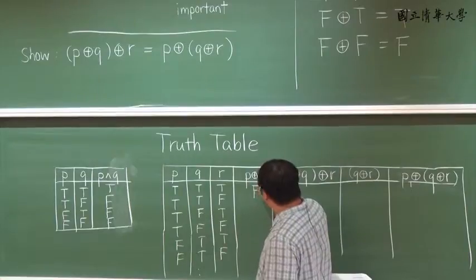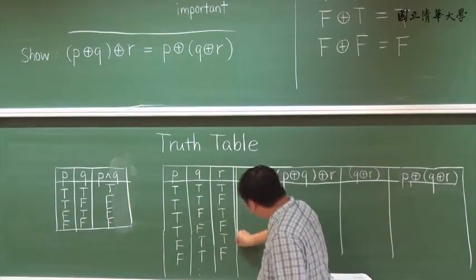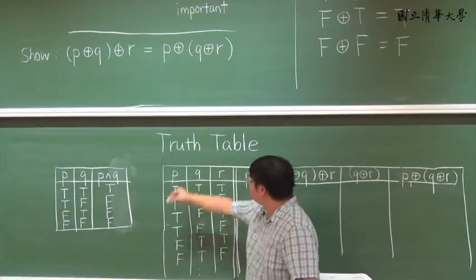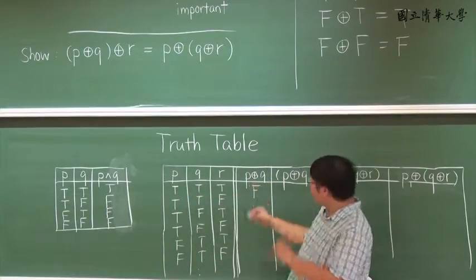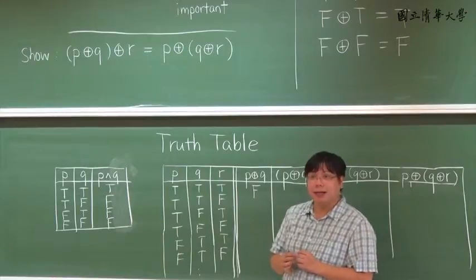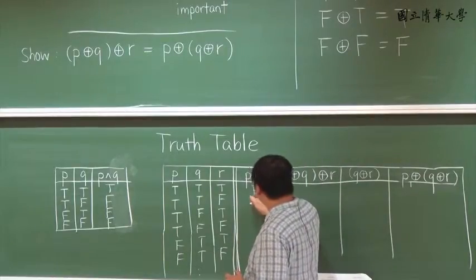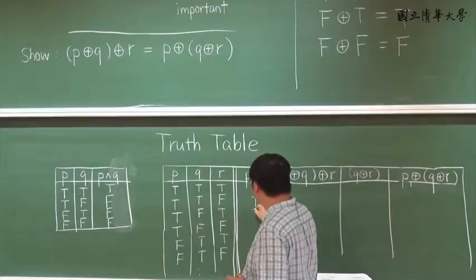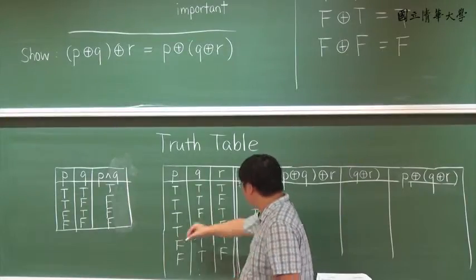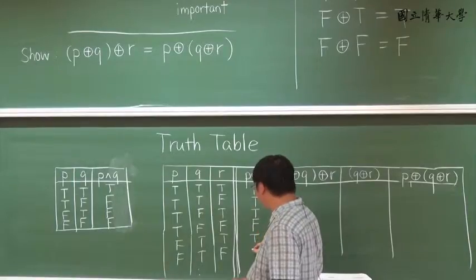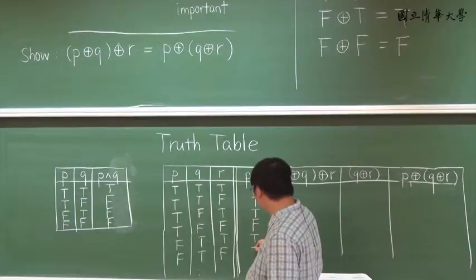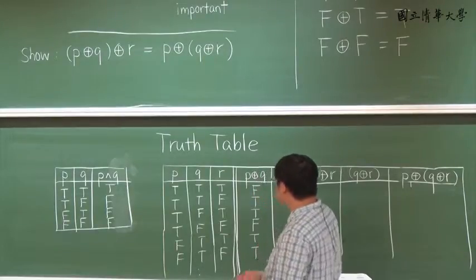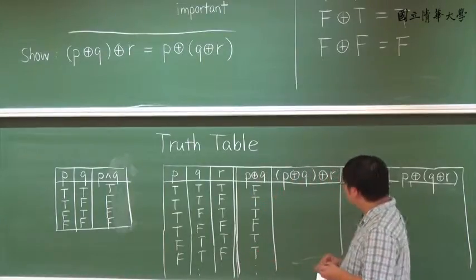Because P, Q, R are fixed on the left-hand side, and when P is true and Q is true, P exclusive or Q will be false. Is that okay? So here we can write down something like, this is false, this is true, this is true, this is false. So very good. Then true and then true, right? And true, true, true, true. So there are two more rows to code.